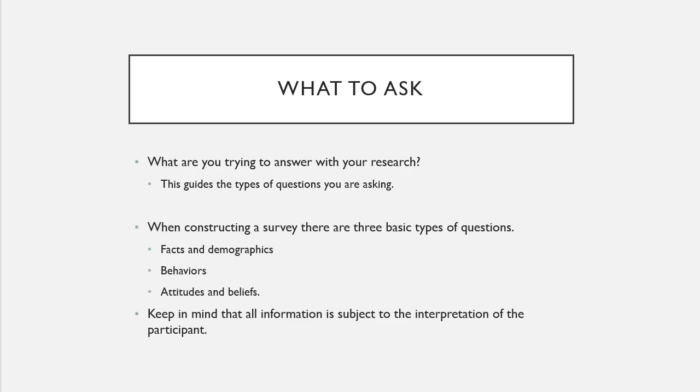So what do we ask during a survey? Really, it depends on what you're trying to do with your research. So if you have a research question that is something like, do athletes on campus study as much as non-athletes on campus? Well, you're probably going to have to ask some questions about whether or not the individuals are athletes, maybe what sports they play, how much they study, what kind of classes are they taking, maybe what major they're in.